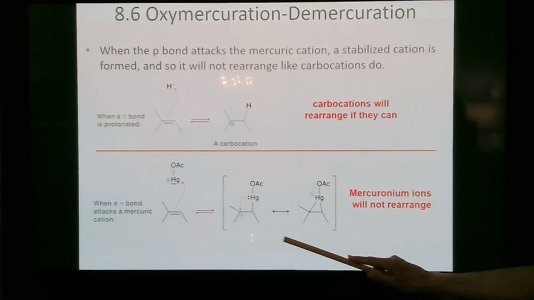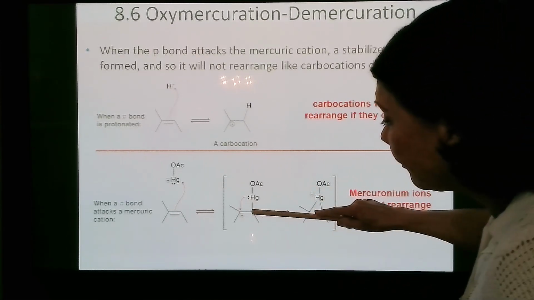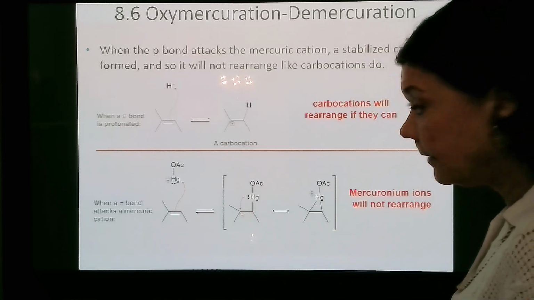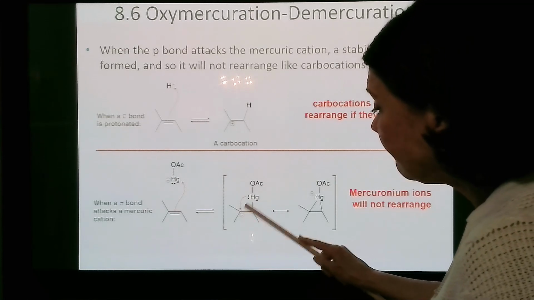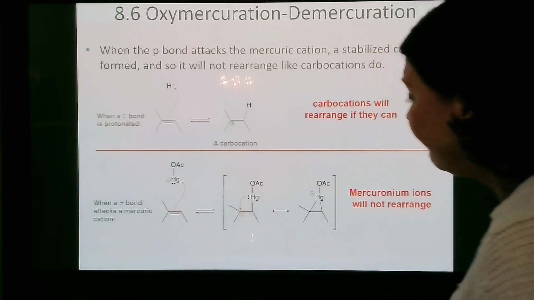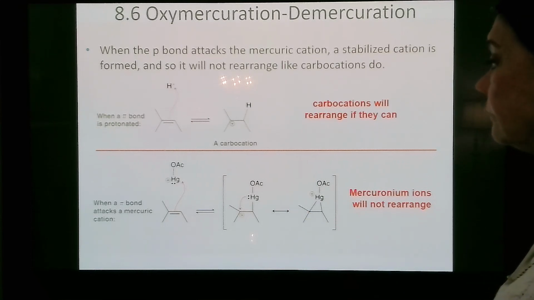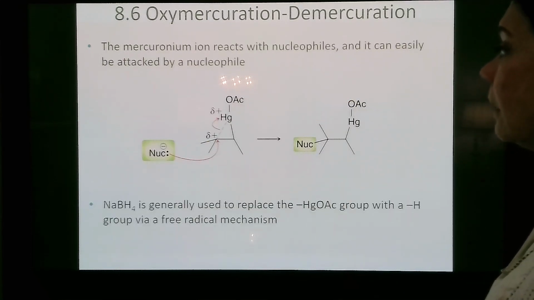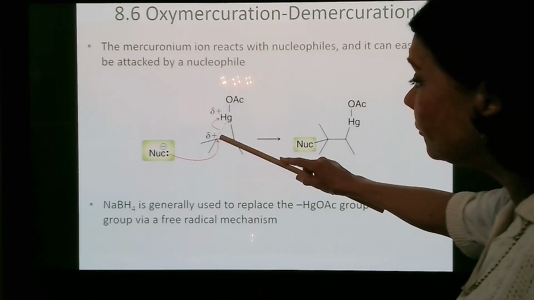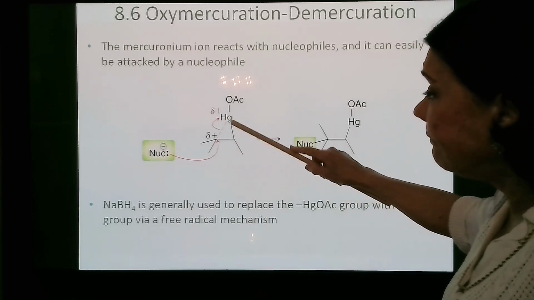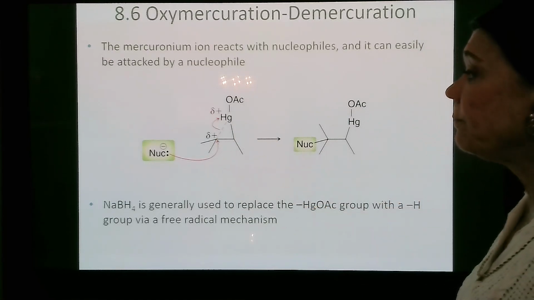So this will not rearrange. In other words, you will not have free rotation about this carbon-carbon single bond. Okay, there's enough of an association here to prevent any sort of rearrangement or rotation. And so now, here it is. This is the way that this is drawn. You have a full bond and a partial bond.